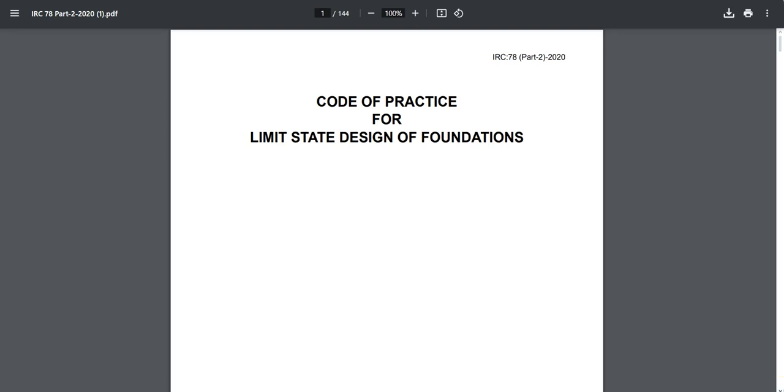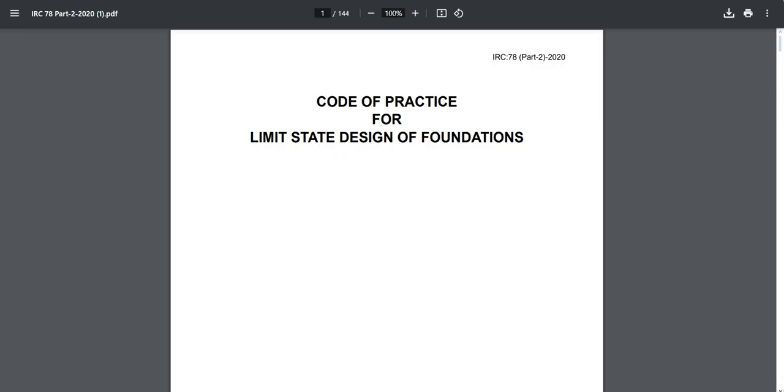Hello friends. Today we are going to discuss IRC 78 Part 2 2020, the limit state design for foundation. This code was released in 2020, and before it, the WSM method was used for design of foundation.